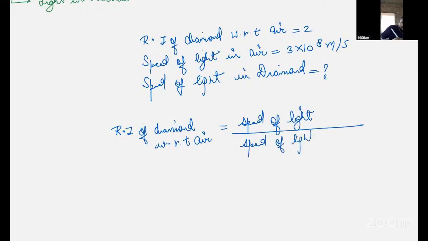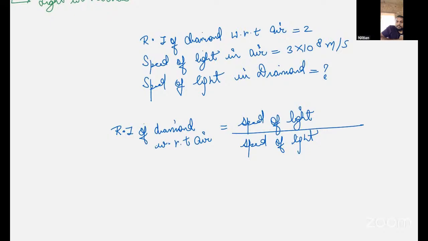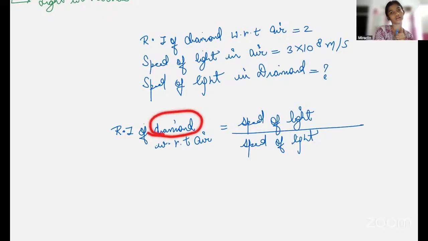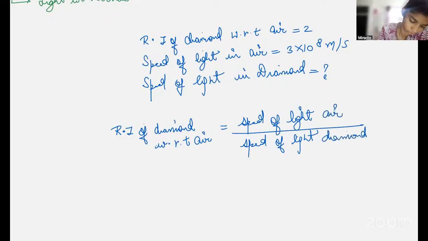Speed of light of what? Will air come in the numerator or diamond? Diamond will come in the denominator. Correct. So the numerator will have, of course, air. You got the formula? Now you can put the values.